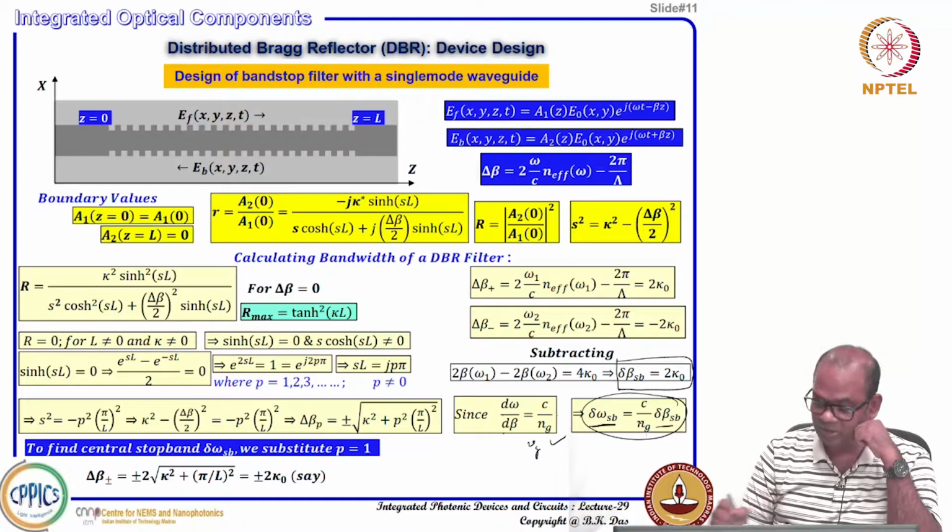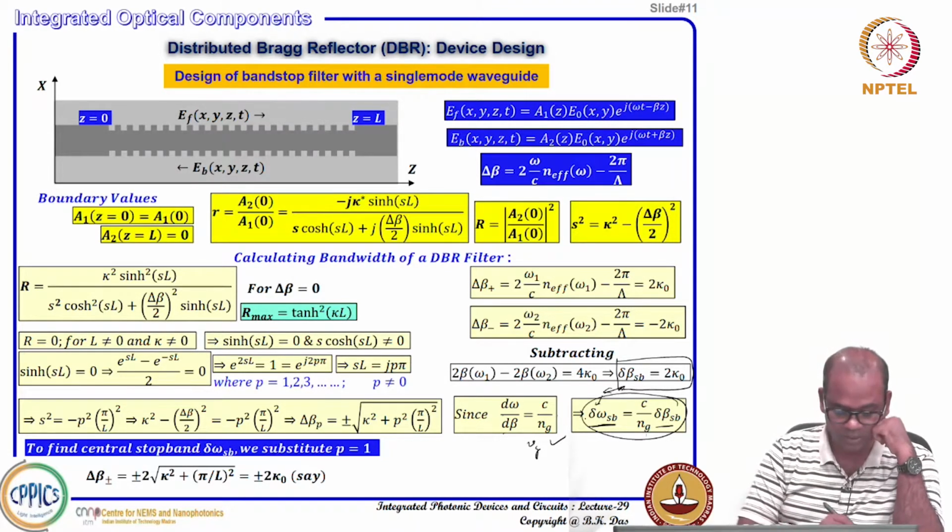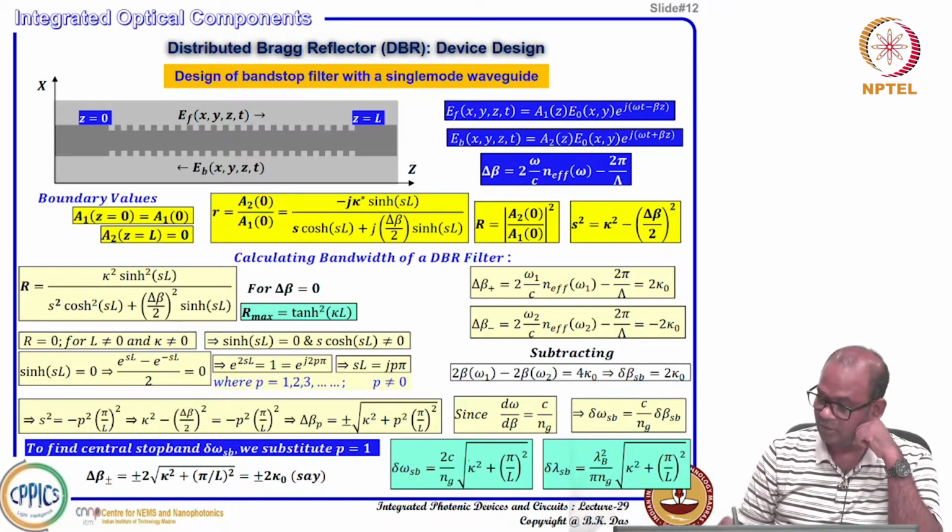Okay. From this expression I can write down that this delta beta can be replaced with this expression, because the delta beta term is related to delta omega. So, we write delta omega stop band equal to c by n g times delta beta.